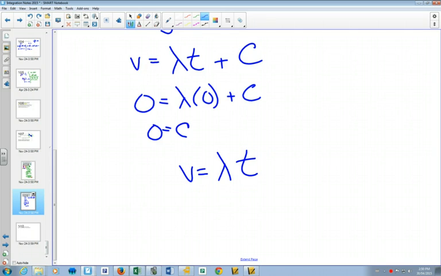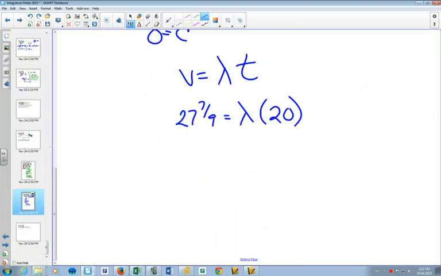Now our second point, the fact that we knew at 20 seconds it was going 100 kilometers an hour, or at 20 seconds it was going 27 and 7/9 meters per second, we can plug that in. And what does that mean? We can calculate what lambda is.